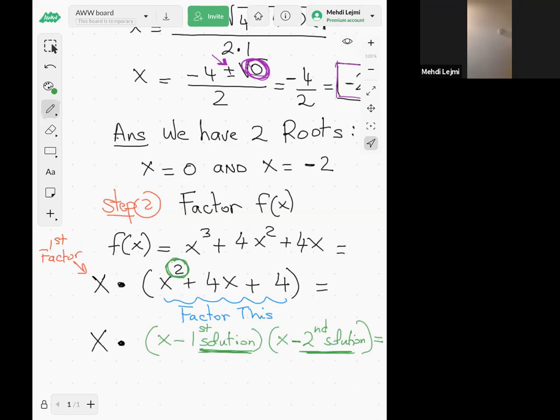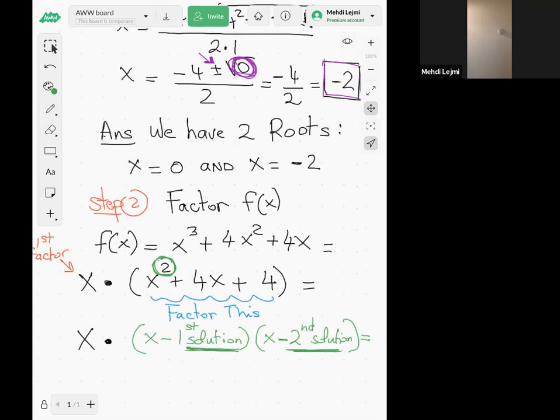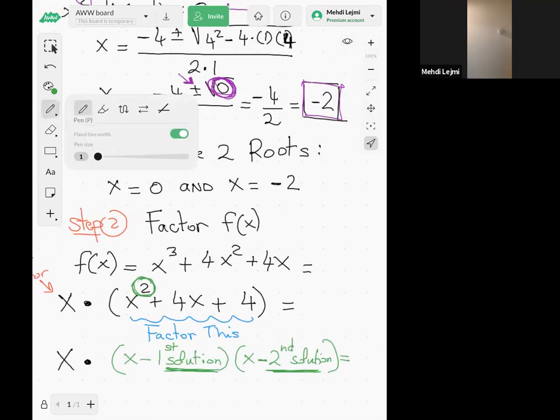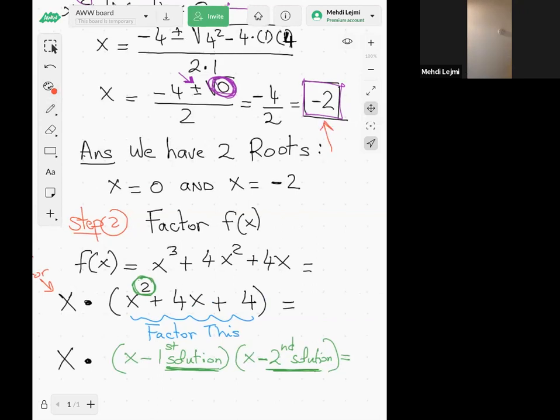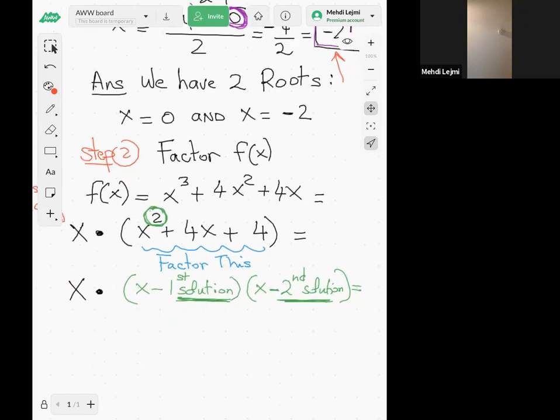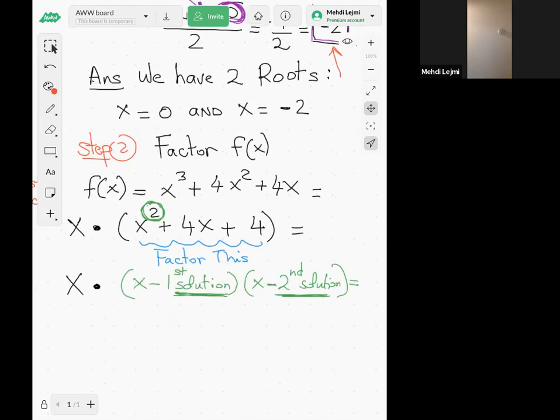However, we said we have only one solution, which is -2. So it's going to be x minus -2 times x minus -2. So here's my x times, and then we're going to have x minus -2 times x minus -2.